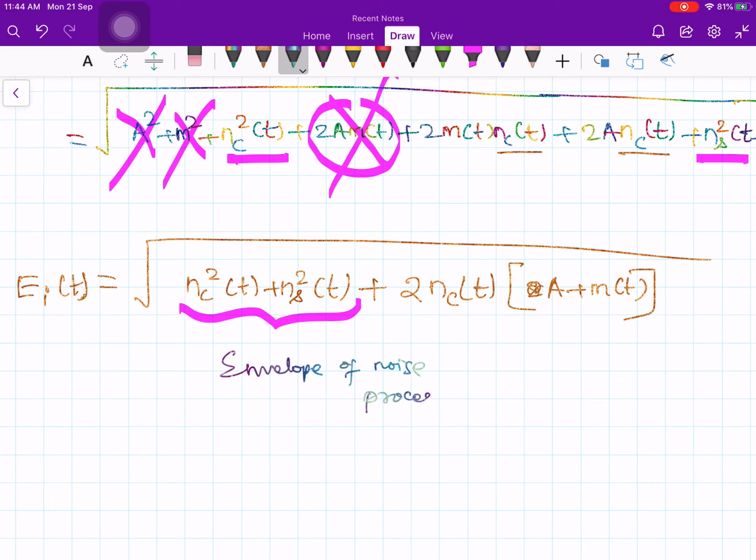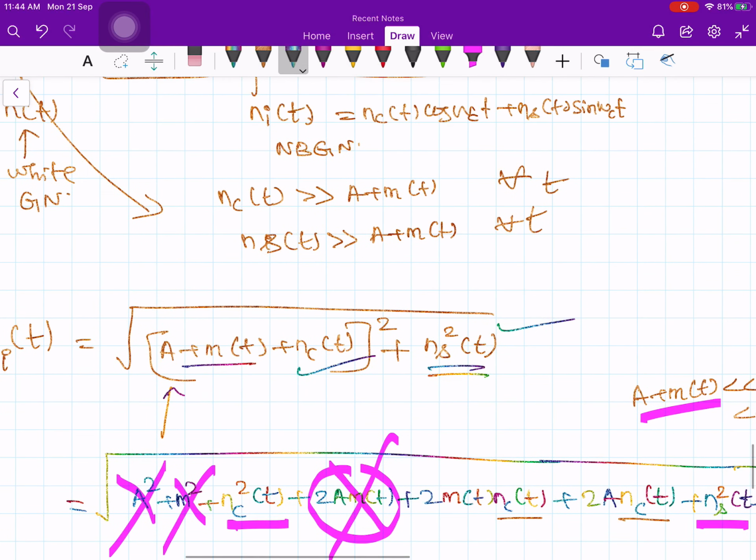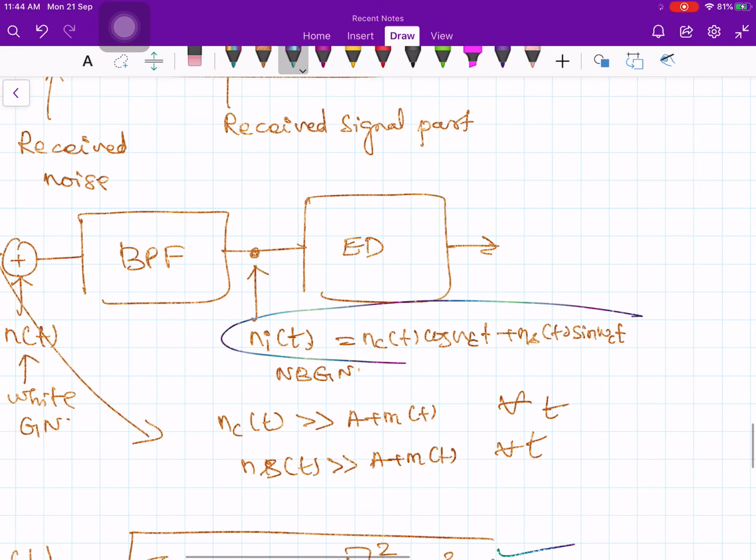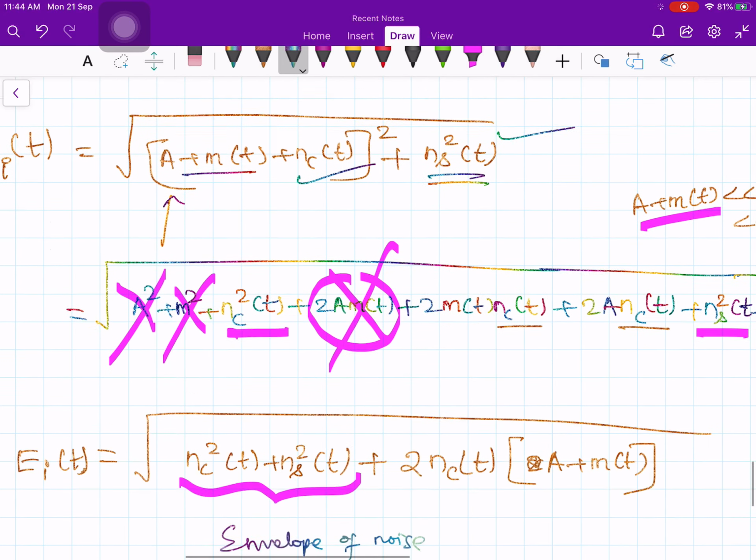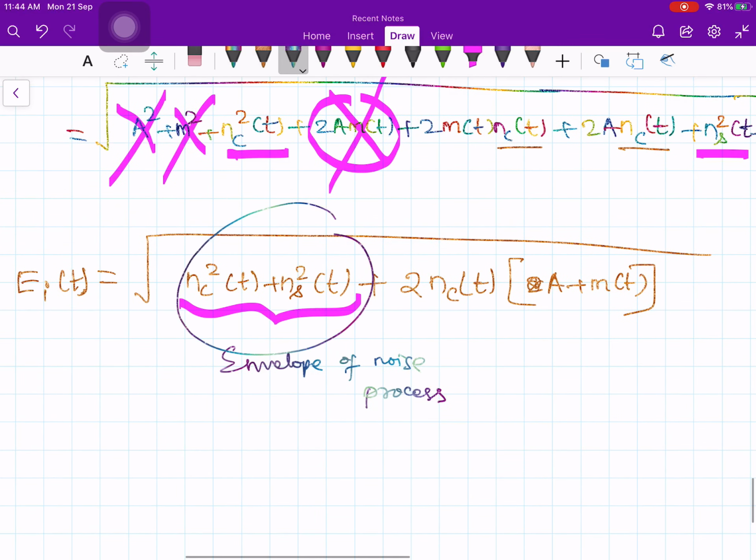Because the noise is nc of t times cos omega ct plus ns of t times sin omega ct, the envelope of this is the square root of nc square of t plus n square of t. So this term indicates the envelope of the noise component. Therefore let me denote this as En of t, the noise component.